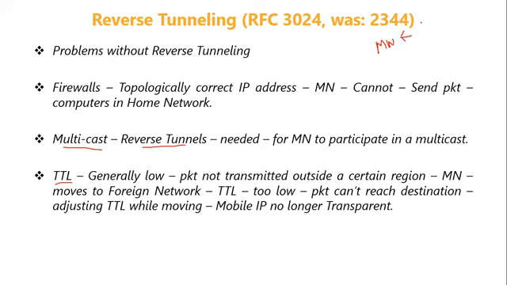When the mobile node is in the home network, the value of the TTL will be very low, to ensure that the packet is not going somewhere out of range. Somebody should not unnecessarily receive that packet, and thereby it should not create any issues. So generally the TTL field will be low.